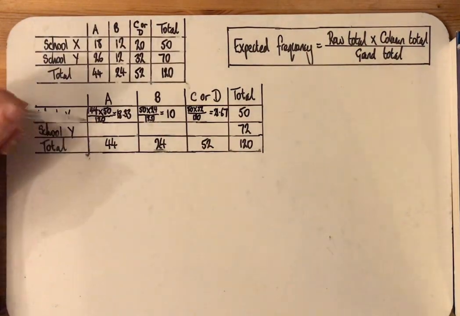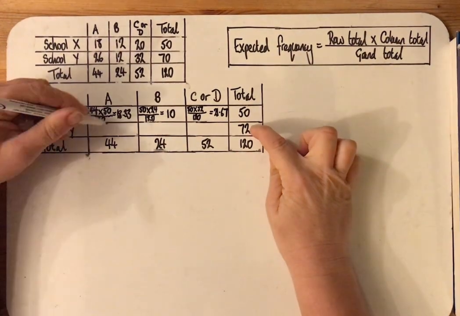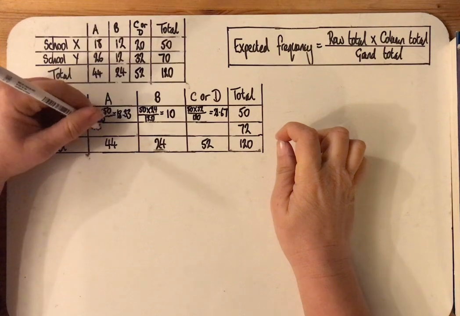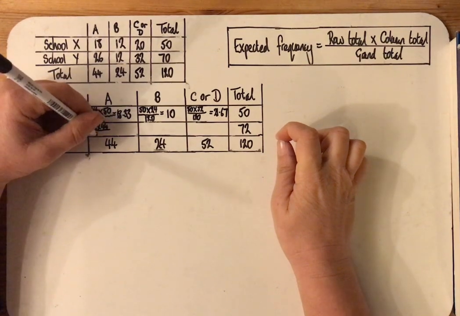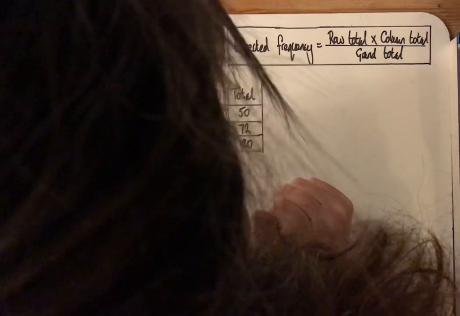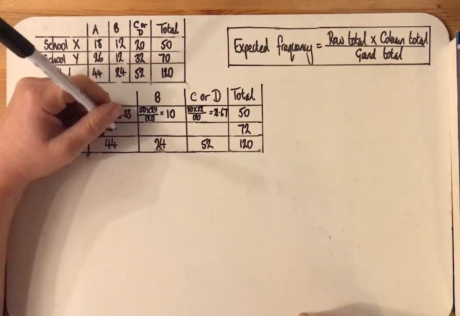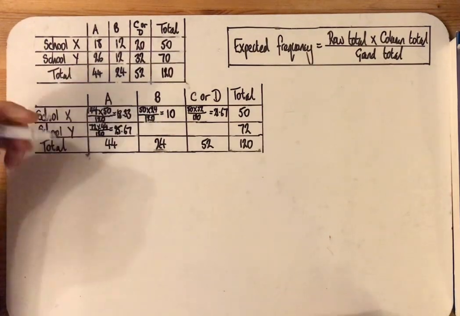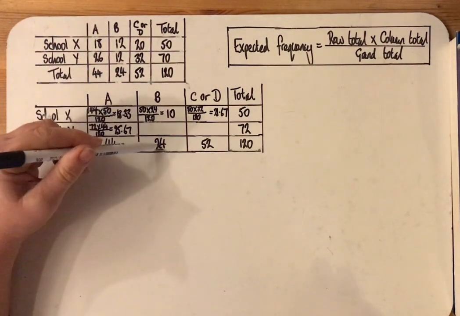And then you can do the same here. So you can do 72 times 44, which is 25.67. But because you know the totals, you could actually just subtract it.